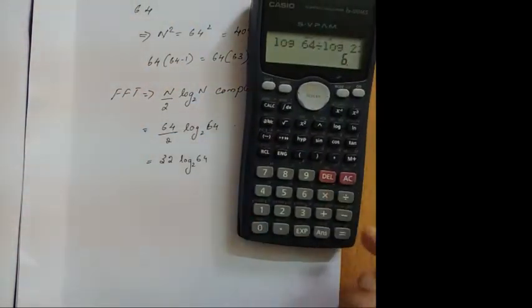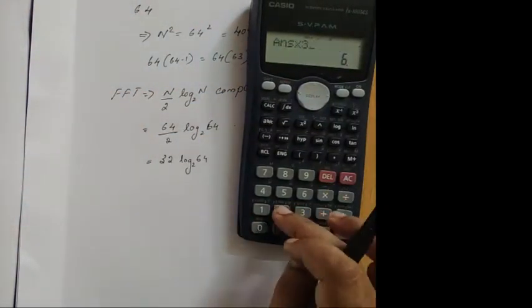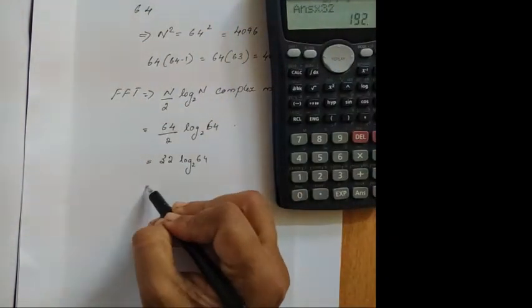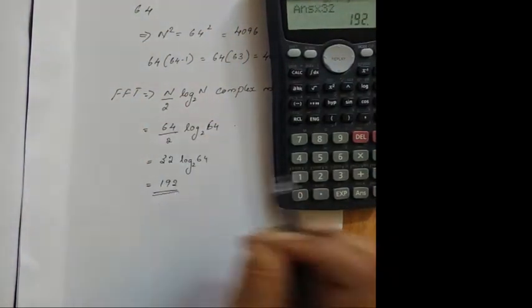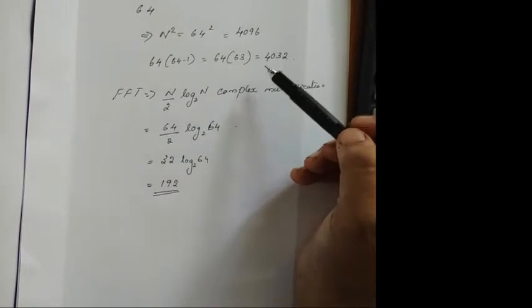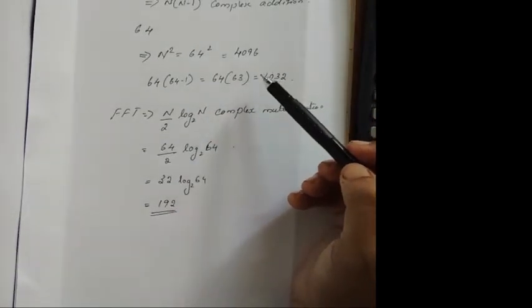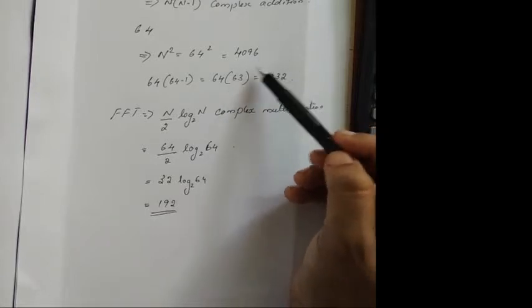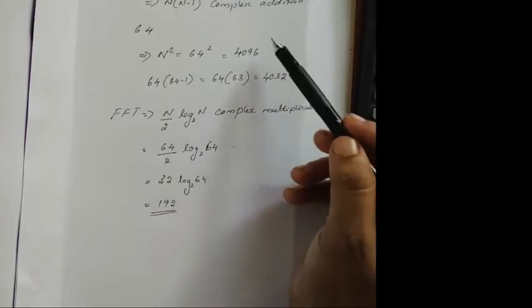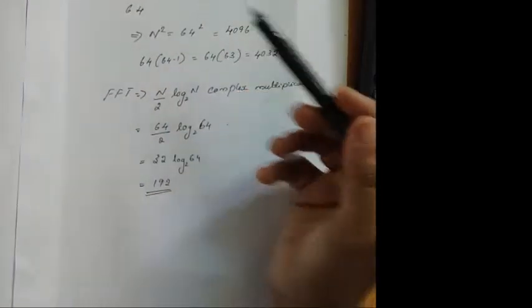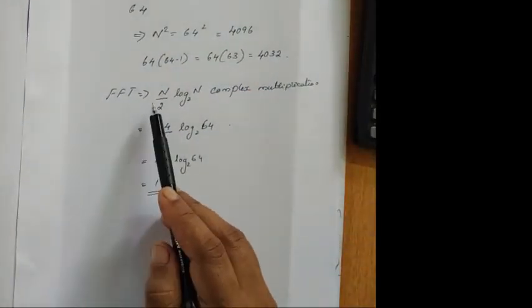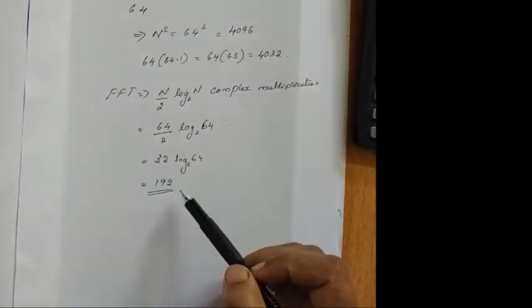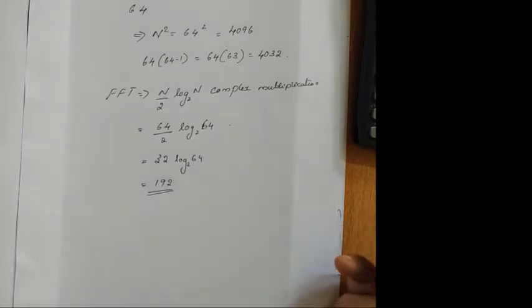So 6 into 32, you will get 192. See the difference. In a direct DFT, you need 4096 complex multiplications every time for a 64 point DFT. The same 64 point DFT using FFT needs only 192 complex multiplications.